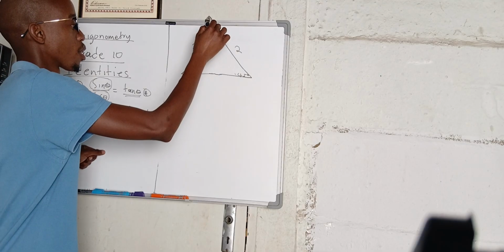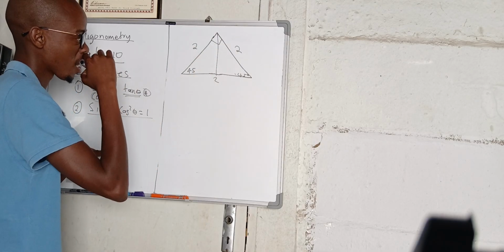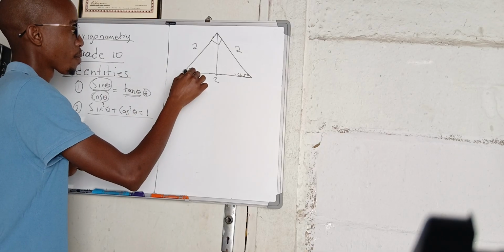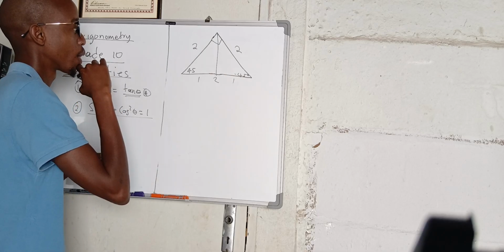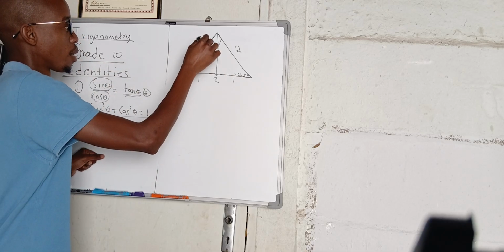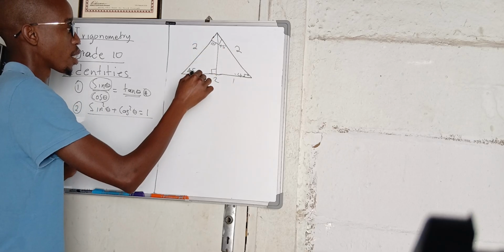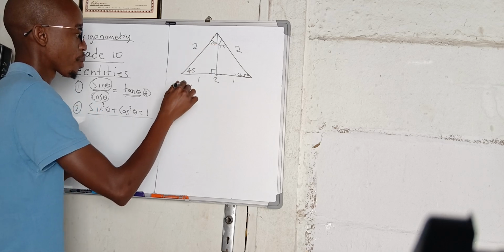Let's do this: let's have a 2 also there. When I cut this particular thing here, I'm going to have a 1 and a 1. And then I'm going to have 45, and 45, and then I'll be having 90 degrees.